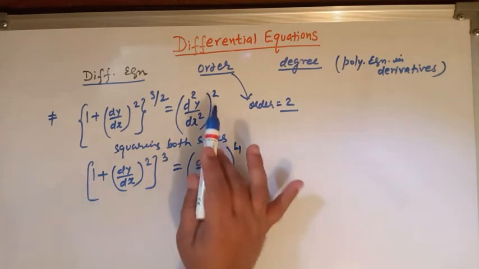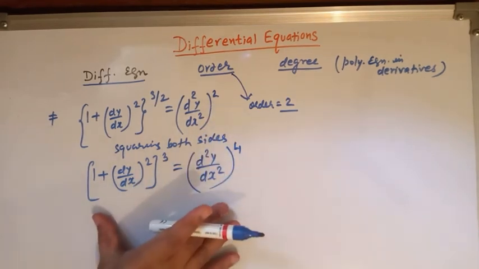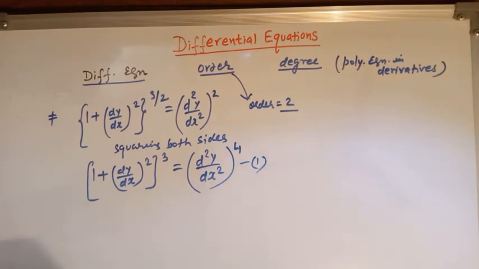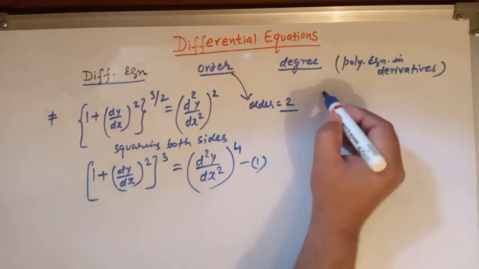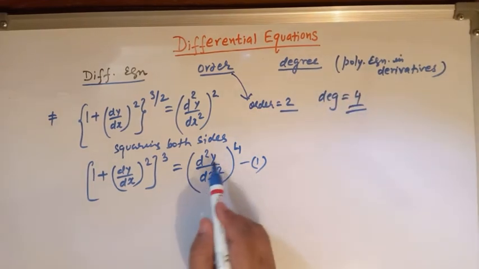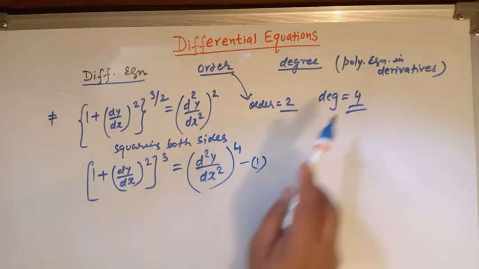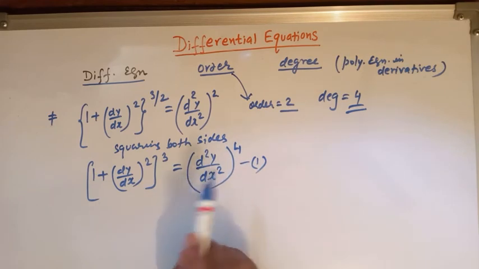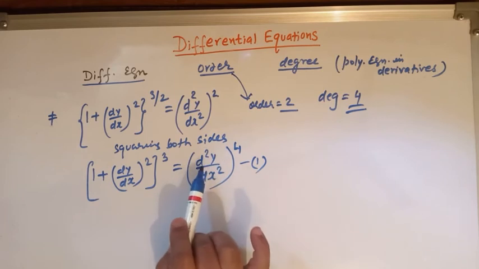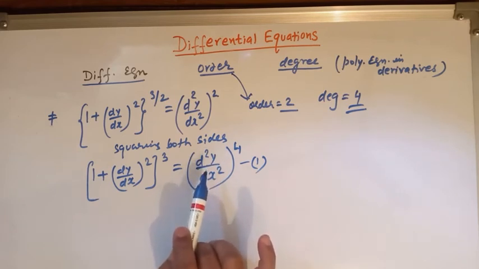Now we see that from this equation the degree is 4. Clear? Because the degree of the differential equation when it is defined is the highest power of the highest order derivative present in it. Clear?